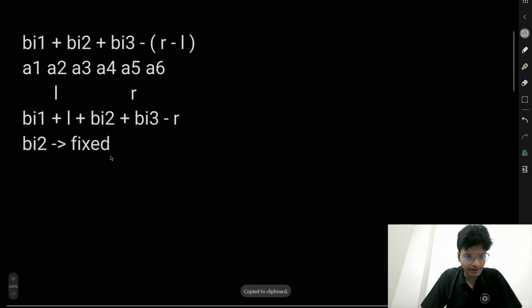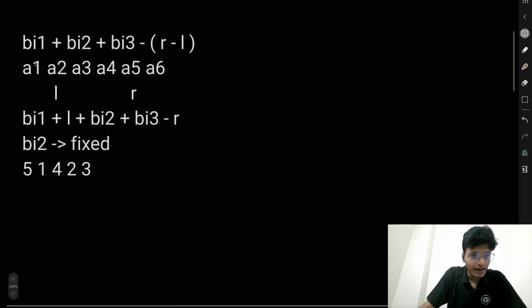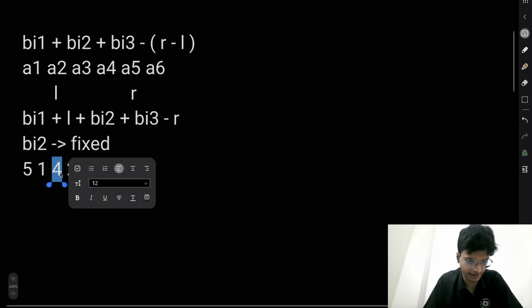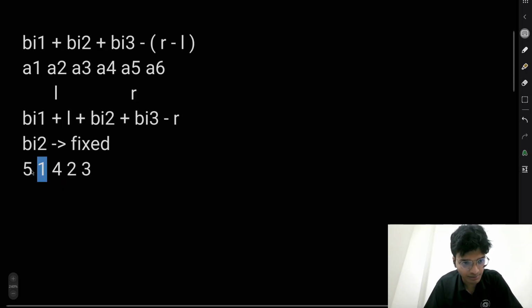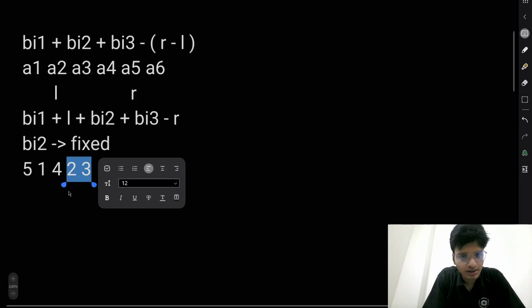Since we know that a of i, b of i plus l, we have to find out. So if I am at this index, the second index, where the value is 4, what I would seek is the maximum so far at the previous and the future one.